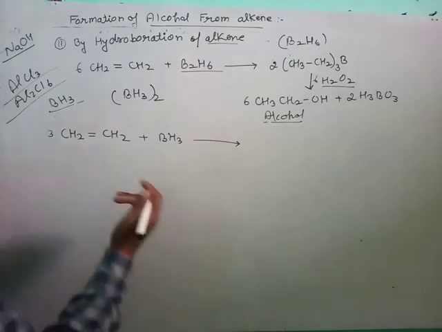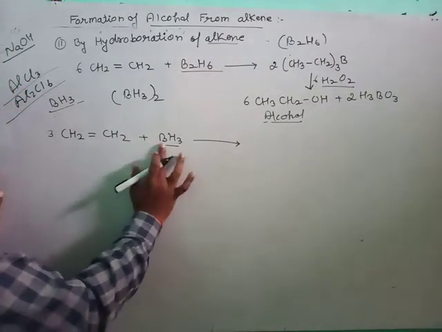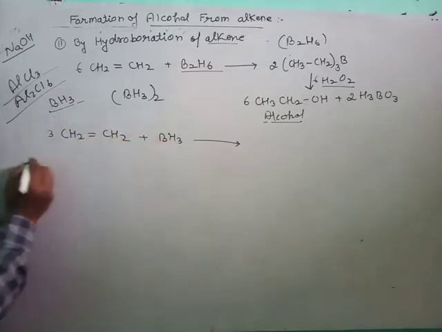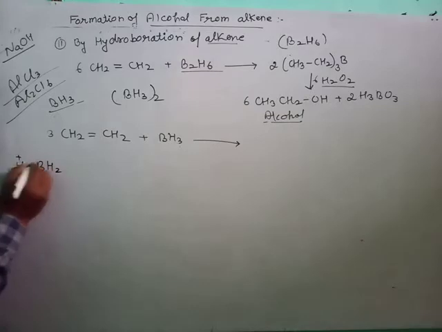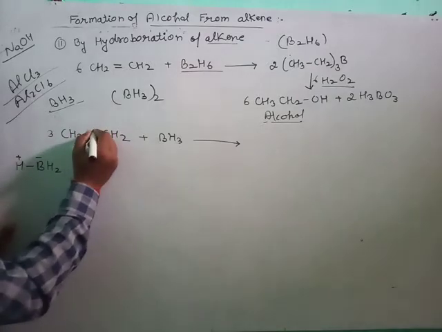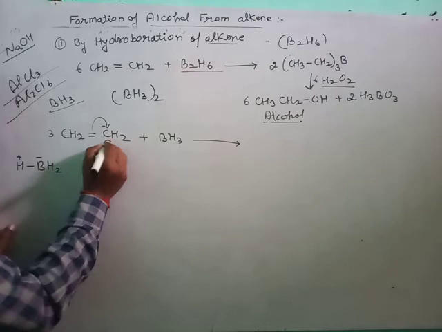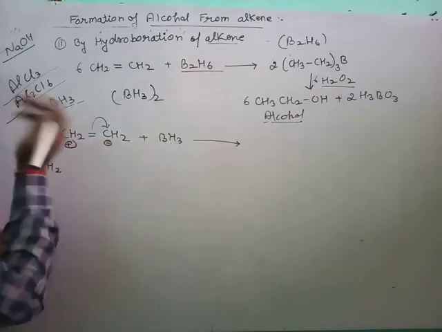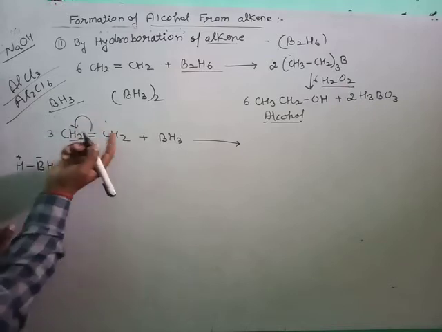I can break the BH3 in the form of H plus and BH2 minus, and the double bond is broken like this. Then one carbon becomes negatively charged and the other carbon becomes positively charged.